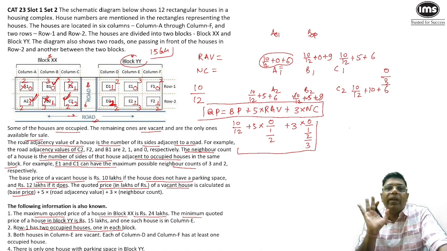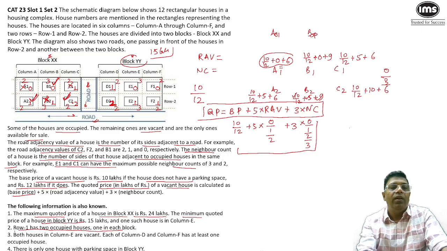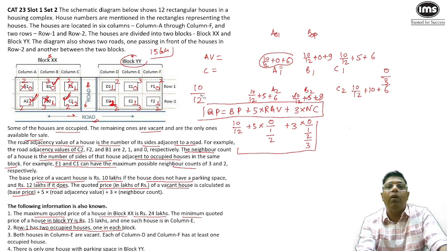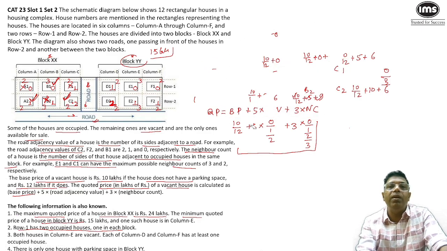So I think for block XX we are very much sorted. A1 is empty, B1 is occupied, C1 is empty, A2 is occupied, B2 is empty and C2 is occupied. So I think for block XX we are very much clear. Now in the similar way let us try to do calculation for block YY, wherein you are saying the minimum quoted price is how much? 15 lakh.